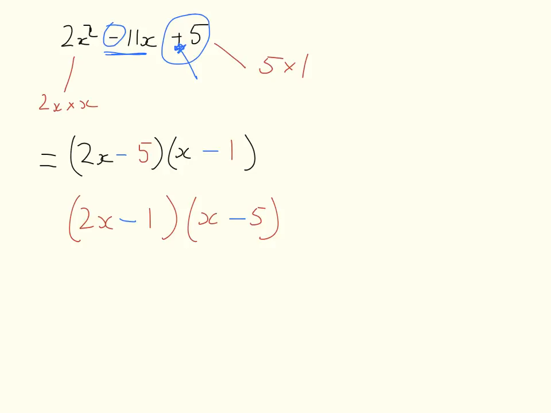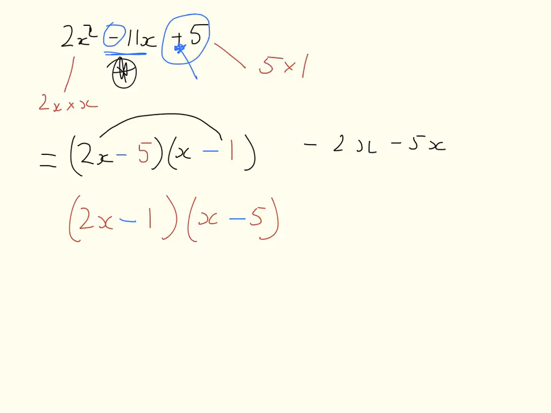So let's just check. We know our 2x times x is going to give me 2x squared. We know our minus 5 times minus 1 will give me 5. I'm interested in getting this guy right. The minus 11x is what we need to get correct. What I would have here is 2x times minus 1, so that would be minus 2x. Minus 5 times x is minus 5x.